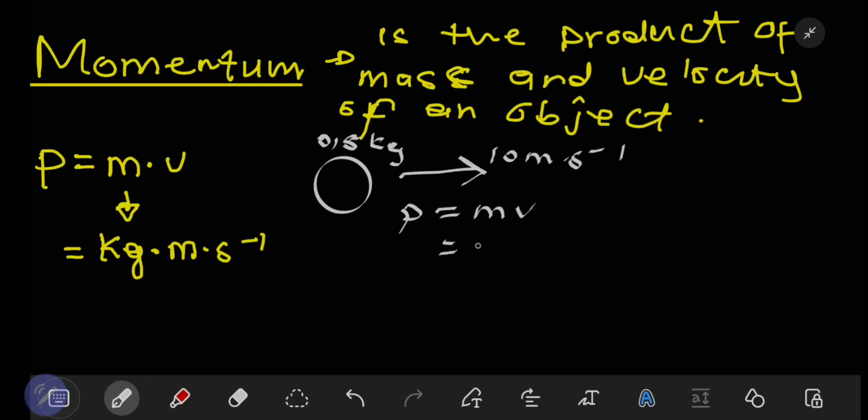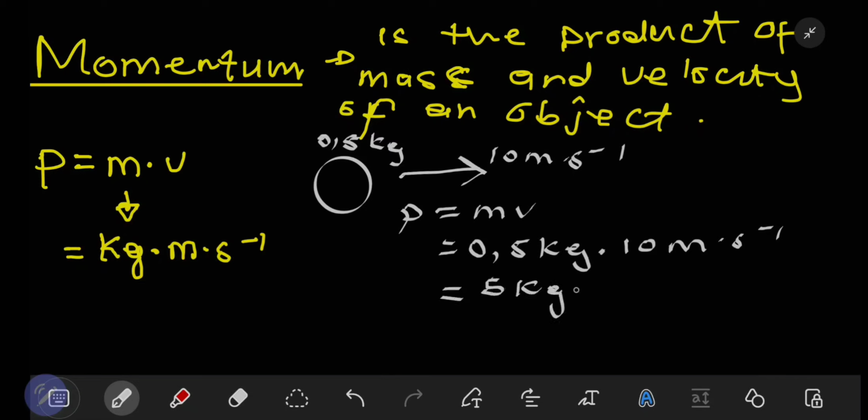So the mass of the ball is 0.5 kg, and we multiply that by the velocity, which is 10 meters per second. Then we get the product to be 5 kg meters per second.